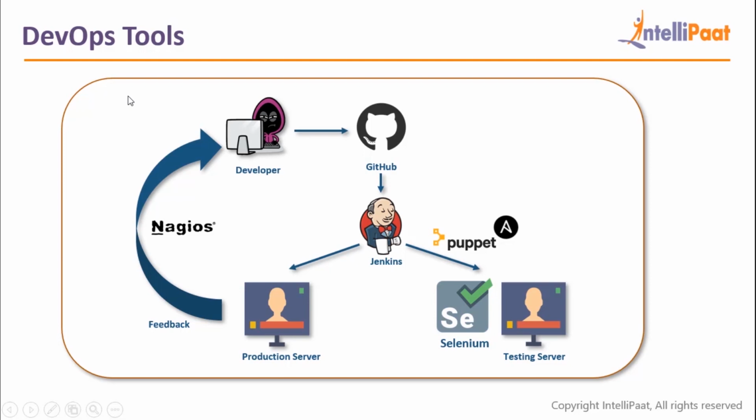Once you do that, you again start on your next release. So this is what you do when you are working with the DevOps tools, and this portrays the whole DevOps lifecycle that we have in any arbitrary company which is using DevOps.